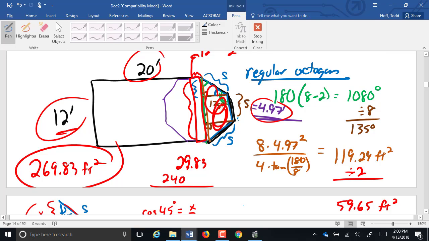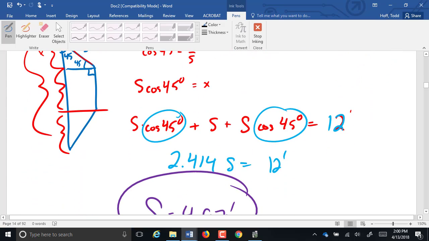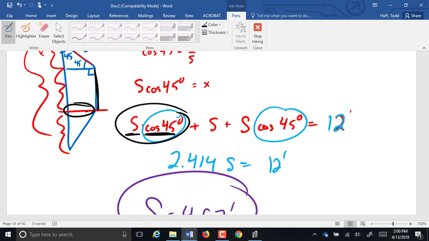You tell me if it would be easier. You have this amount here. Do we have this amount? We could find it. No, this amount isn't s. That amount is cosine of 45 times s. Now you have s, so you can find it. This was 4.97.